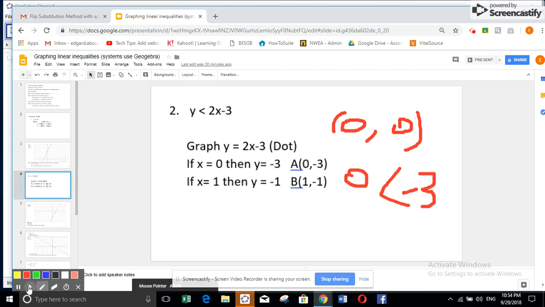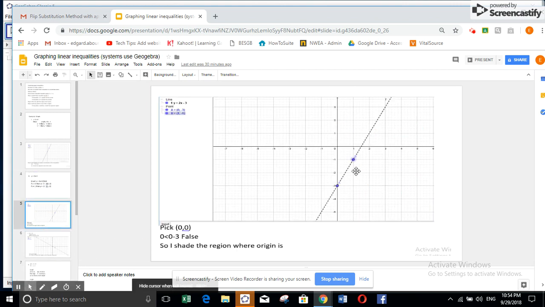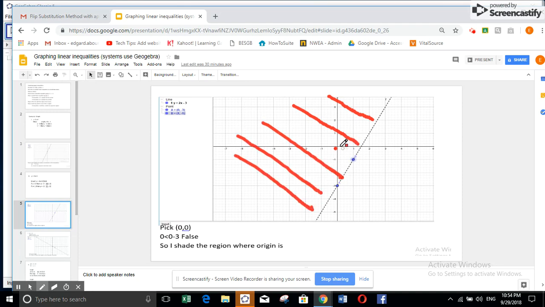So where the origin is, because it's wrong, this whole part will be shaded. So the accepted part will be this part, because when I picked the origin, it was wrong. So this is the accepted part. I put minus to say that the boundary is not included, and this will be my accepted region.